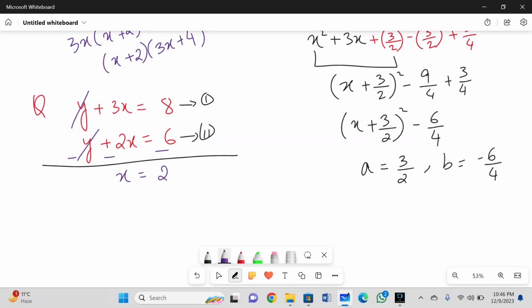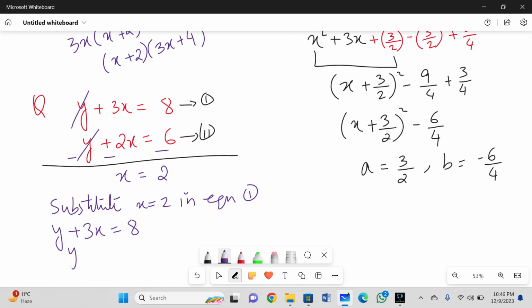Now you can substitute this in any of the equations to work out the value of y. Substitute x equals 2 in any equation. So I am substituting in equation number 1. That equation is y plus 3x equals 8. So y plus 3 times 2 equals 8.